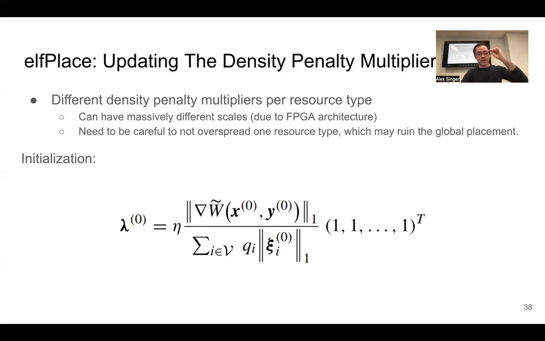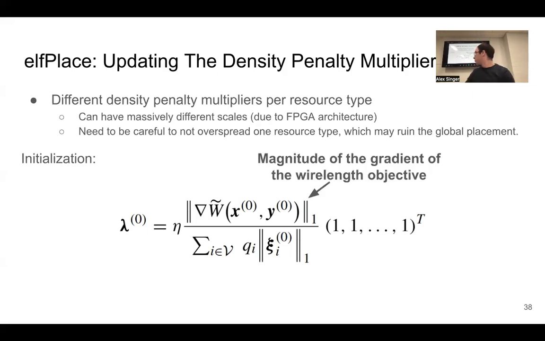So they initialize their lambdas to all be the same, but they use this interesting formula. The numerator is the magnitude of the gradient of the wire length objective for the initial placement. For this work, they use a random initial placement using a standard normal distribution around the IOs. They just found that random initial placement is good enough for what they're doing.